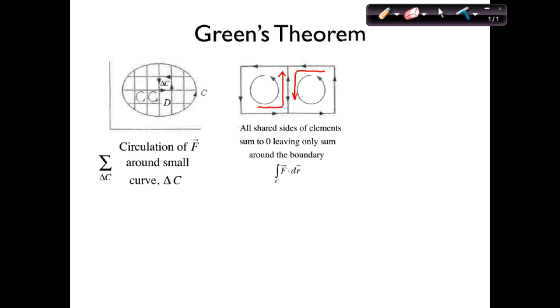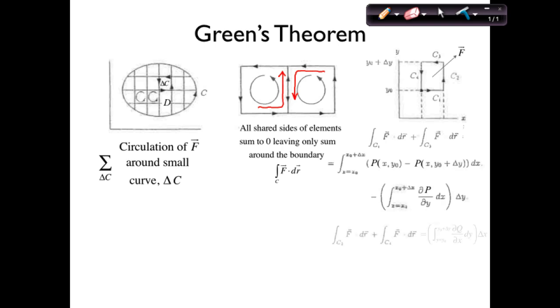So this is one way to look at summing up the circulation integrals of all the elements in D. Another way to look at that is to actually do it. Actually do each circulation integral and sum it up, and this is where things get a little complicated. So we're not going to go through that.